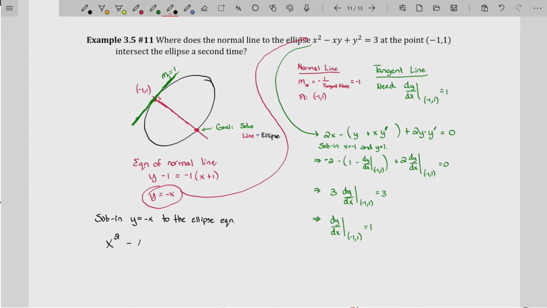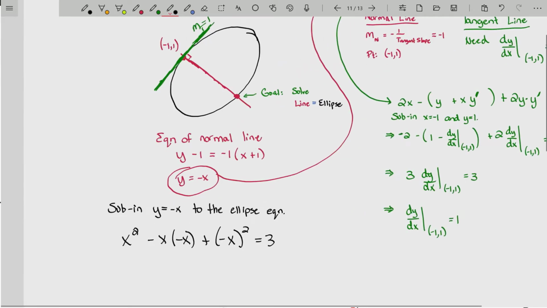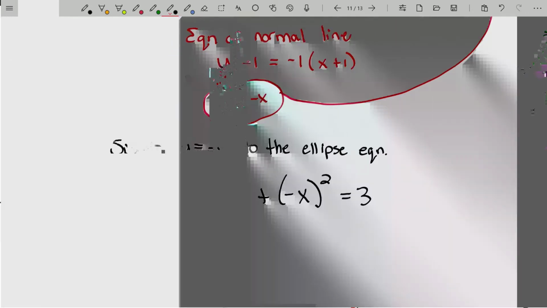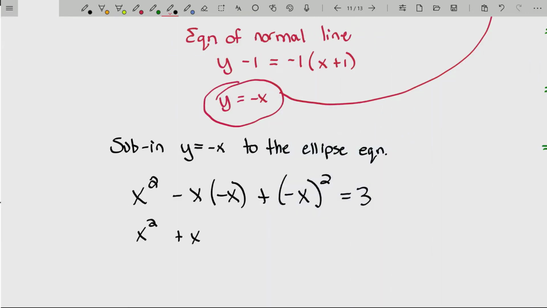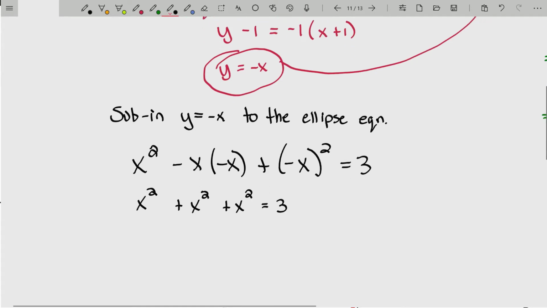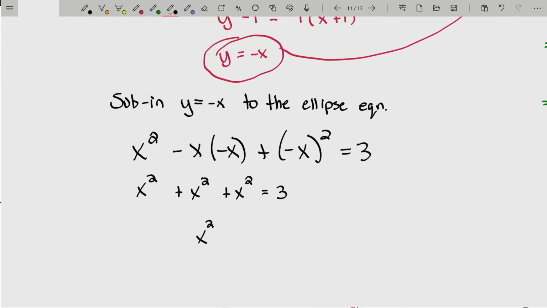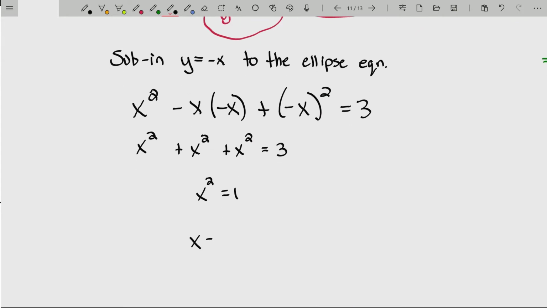So I'll get x squared minus x times (-x) plus (-x) squared is equal to 3. So that's x squared plus x squared plus x squared is equal to 3, or in other words, 3x squared is equal to 3, so x squared is equal to 1, or in other words, x is equal to plus or minus 1.